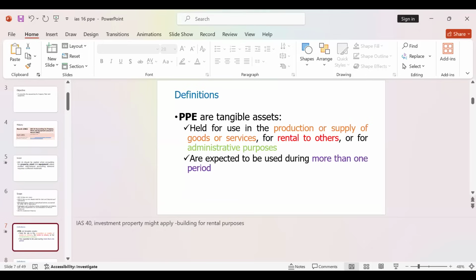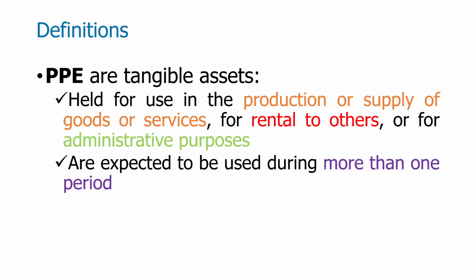And they are expected to be used during more than one accounting period. So this is how the standard defines PPE. Assets held for use in the production or supply of goods and services, for rental to others or for administrative purposes, and they are expected to be used during more than one accounting period.